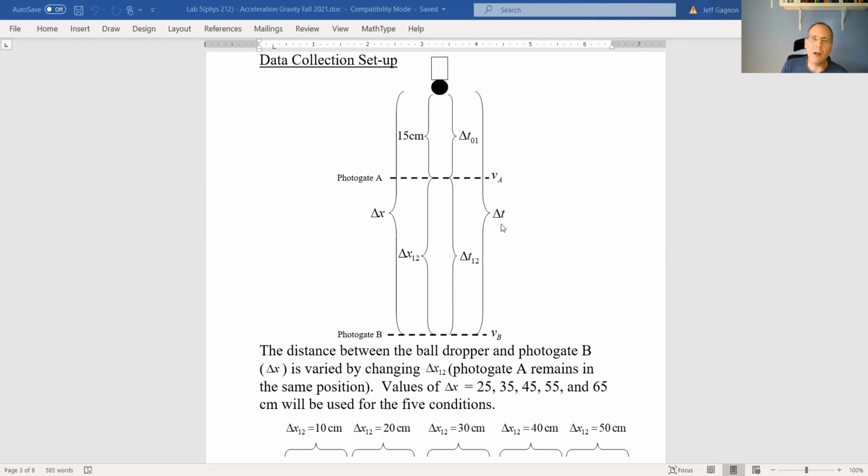And then finally, later, we're also going to need delta T. I call this delta T, and that's simply the time from the ball dropper all the way to photogate B. And how do I find that? I can simply add delta T01, the time for the first 15 centimeters, plus delta T12, depending on what condition I'm in. And that gives me the total time from the ball dropper to the location of the second photogate.